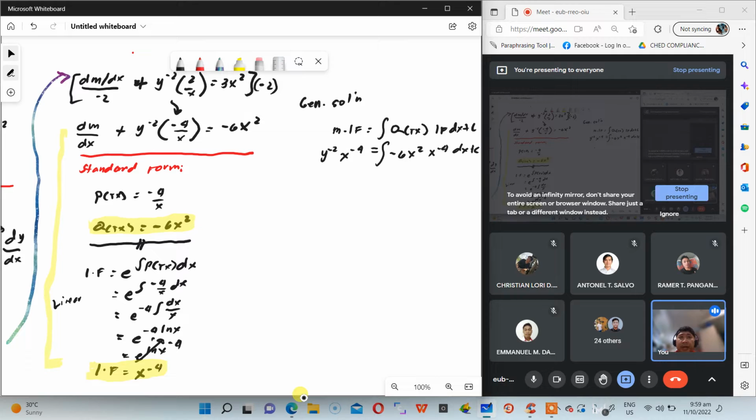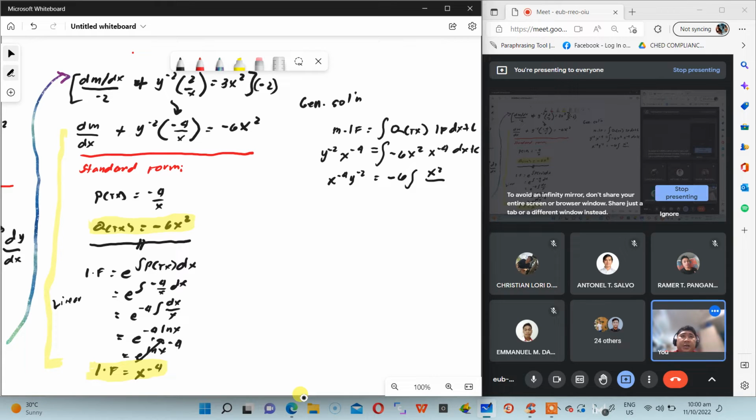So from there, we could simplify this one. Okay, y negative 2, we could make it, x comes first. y negative 2 equals, let's move the constant outside. So therefore, you have x squared times x to the negative 4.